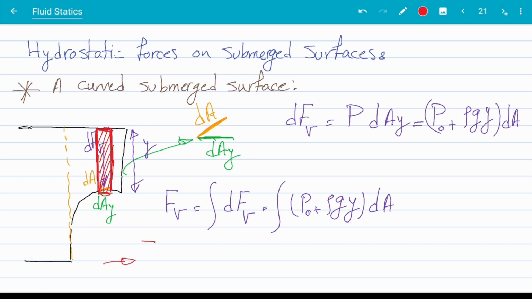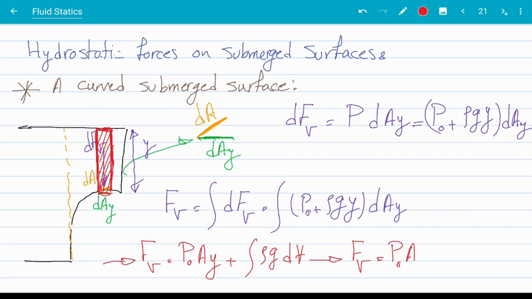So the total vertical force is P0 Ay plus the integral of rho g dVolume. Now rho and g are constants, so they jump out, and the total force is going to be P0 Ay plus rho g times the volume.